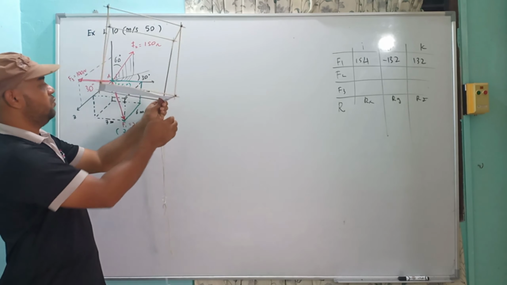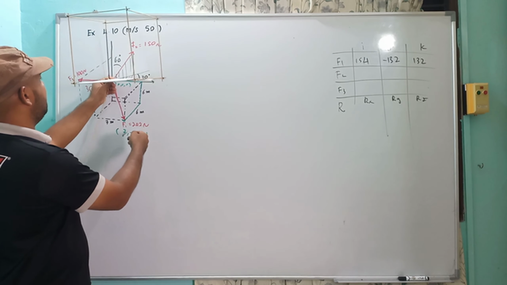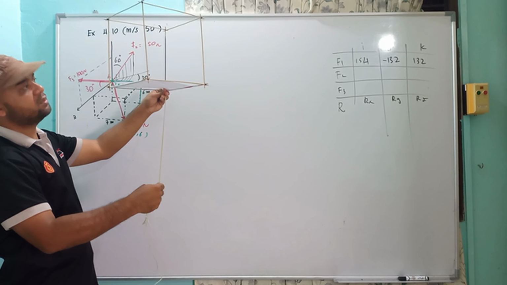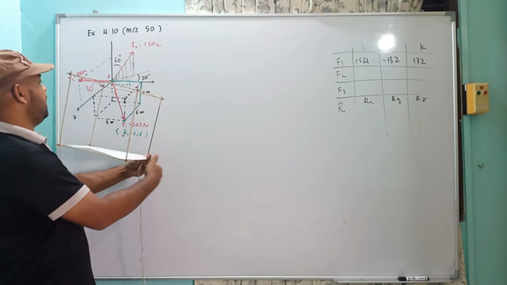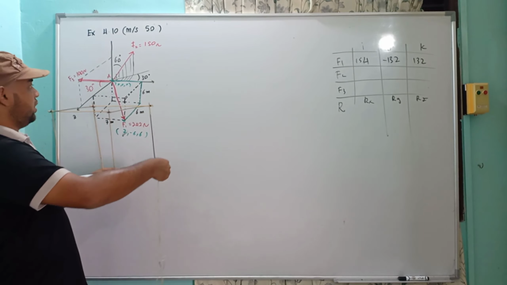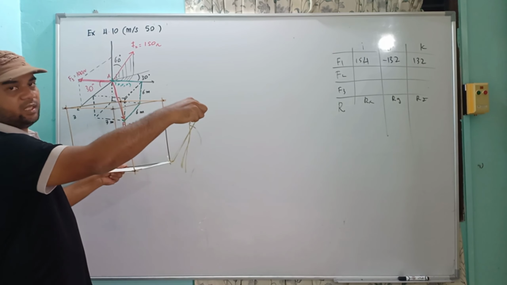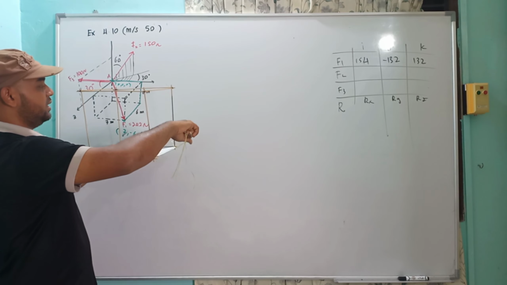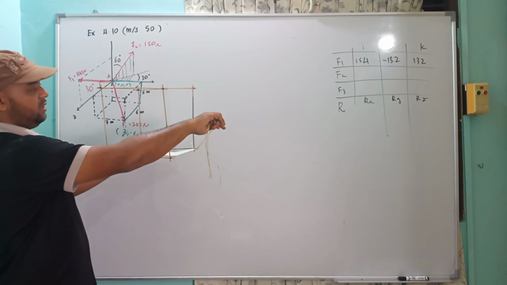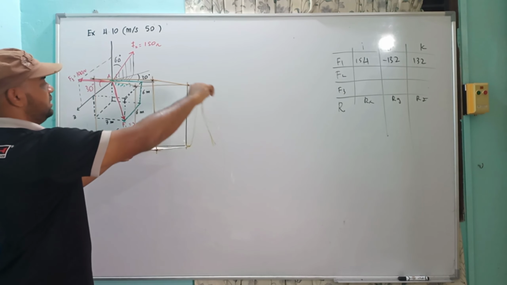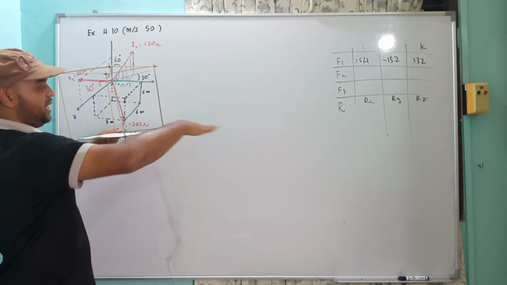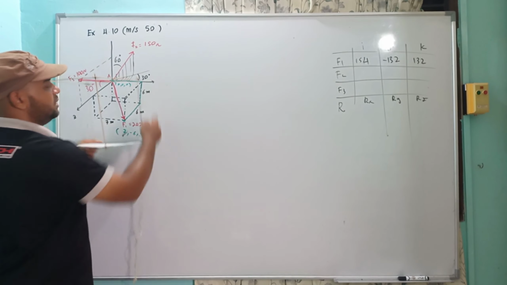Somewhere this is Y, X and Z, so F1 is somewhere down there. Now we have F2, which is somewhere here. One angle is given from this force towards the y-axis, which is 60, and the other one is on this plane, which is 30 degrees.